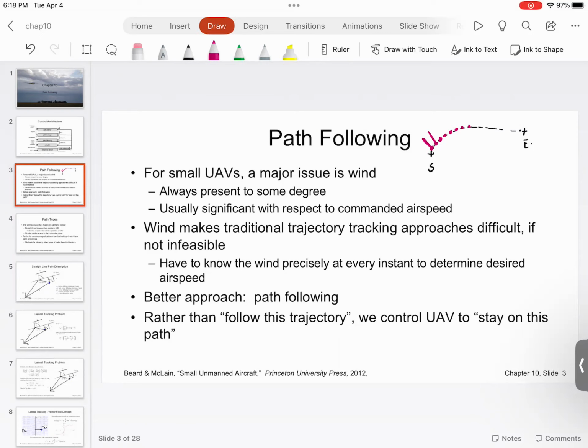So basically, in the case of flying robots, what we do is we usually relax this trajectory following, which means we get rid of the time component. So time component is no longer present, and we only say that the robot needs to stay on that path.